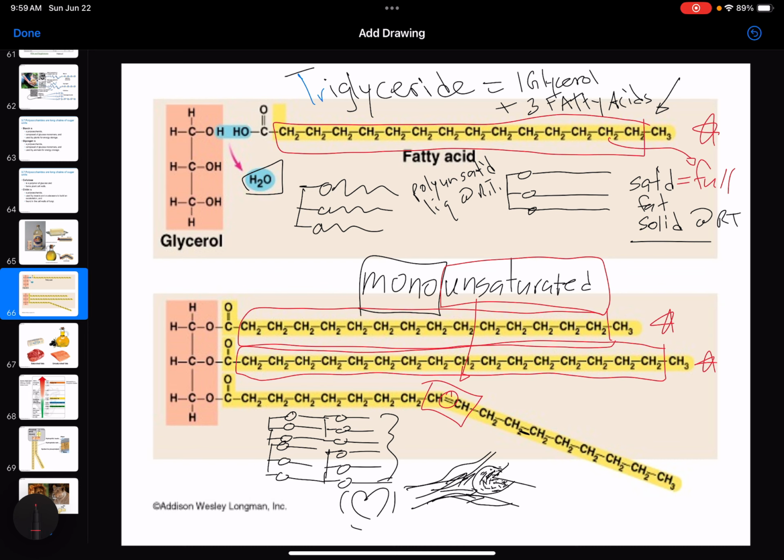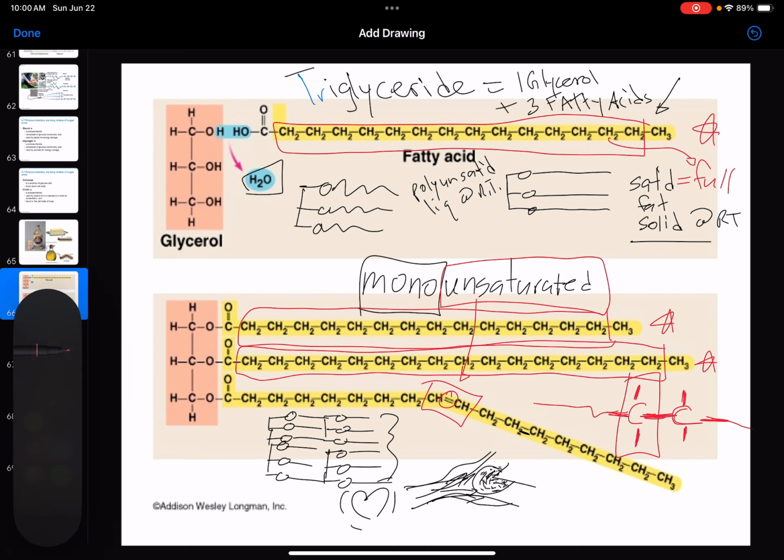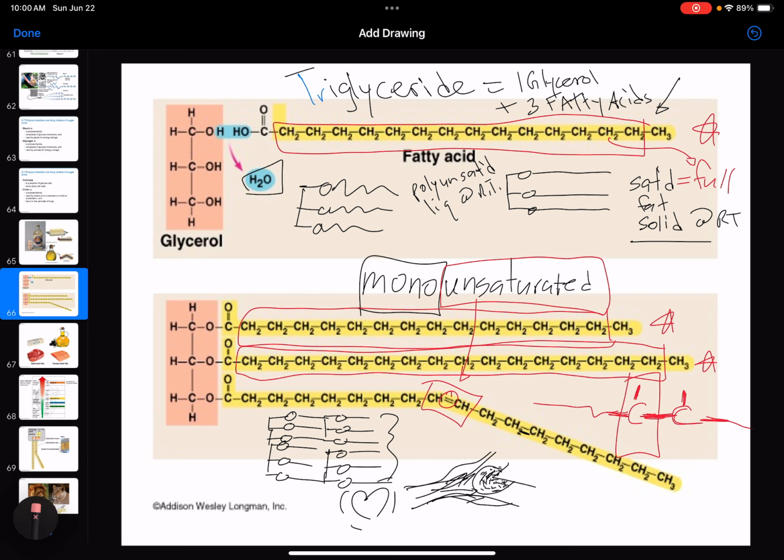right? You might remember carbon can make four bonds. All right, so here's the chain that way, here's the chain this way. These carbons right here, they already have one bond, two bonds. They can only have two extra bonds, one to each hydrogen. This carbon right here has one bond there, one bond here, and so it can only have two other bonds for hydrogens there. But what happens if you take away the hydrogens?